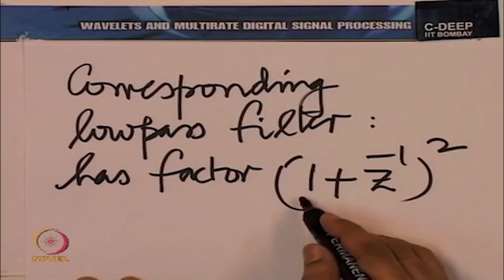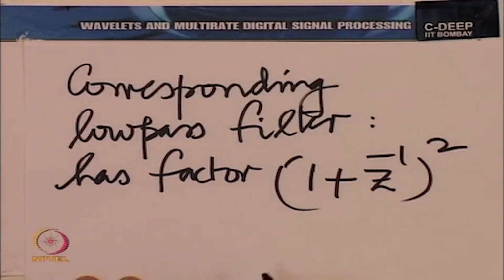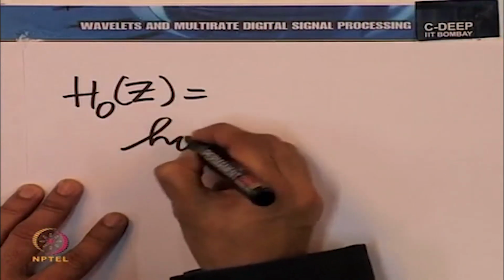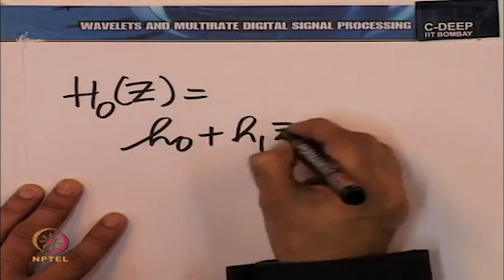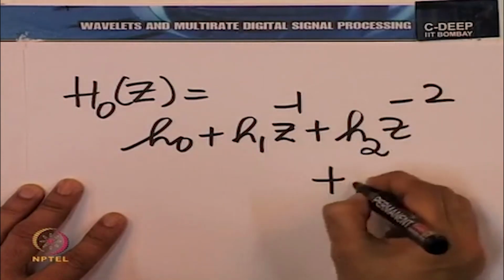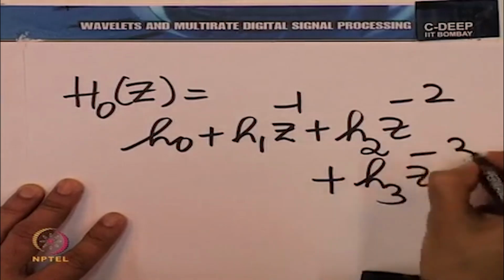Now, when you say it has a factor 1 plus z inverse the whole squared, you have already constrained 2 of the 3 zeros that it has free to be chosen. What I mean is, if you looked at h 0 z, it would have been h 0 plus h 1 z inverse plus h 2 z raised to the minus 2 plus h 3 z raised to the power minus 3.